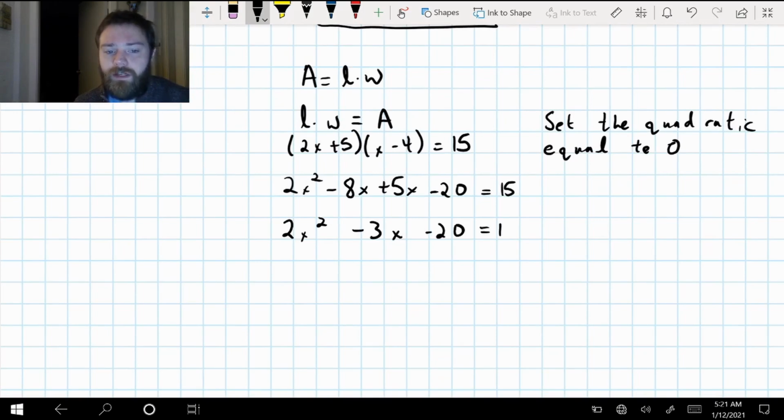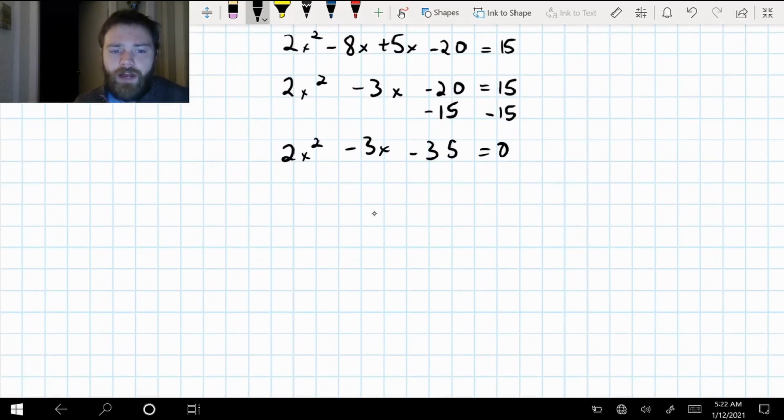So we're going to have to handle this 15. If I want to move it to the left-hand side of the equation, it's positive over here, so to move it to the other side of the equal sign, I'm going to subtract it. So I've got 2x squared minus 3x minus 35 equals 0.